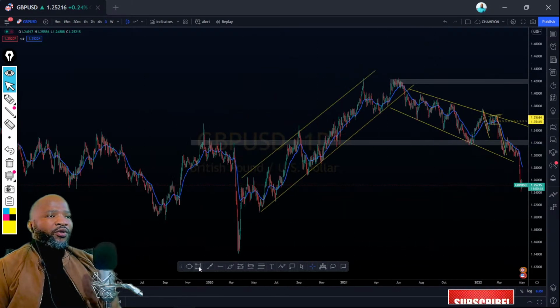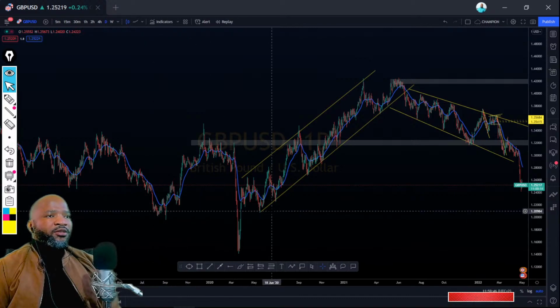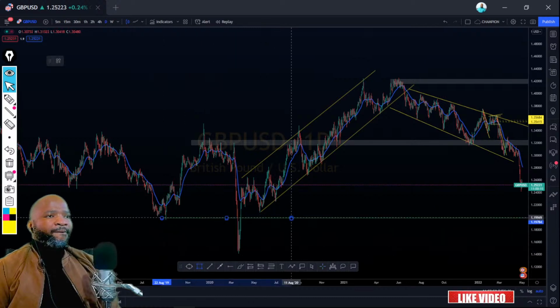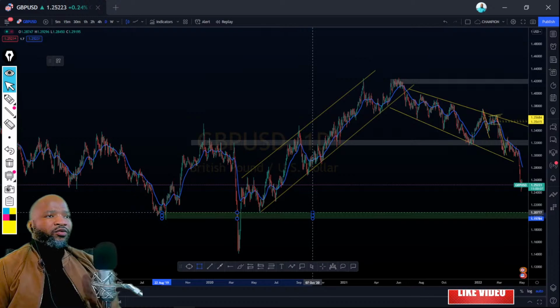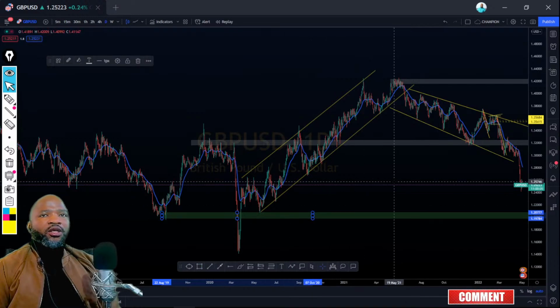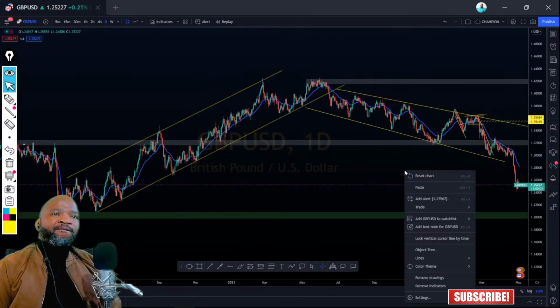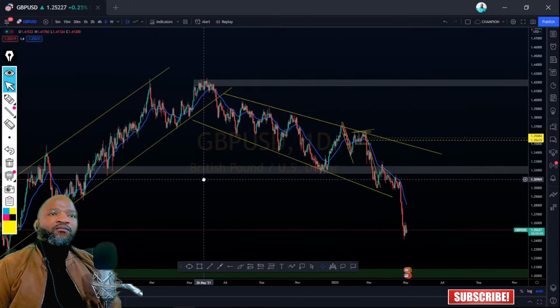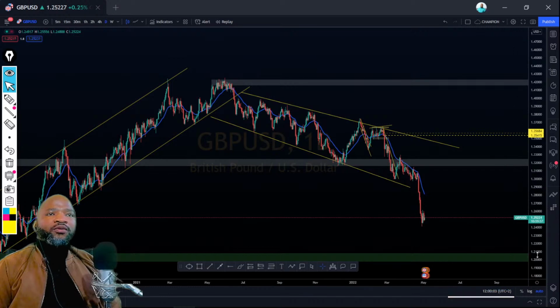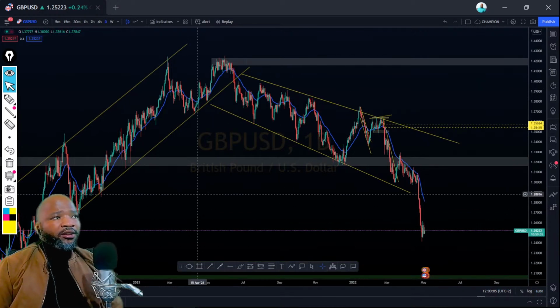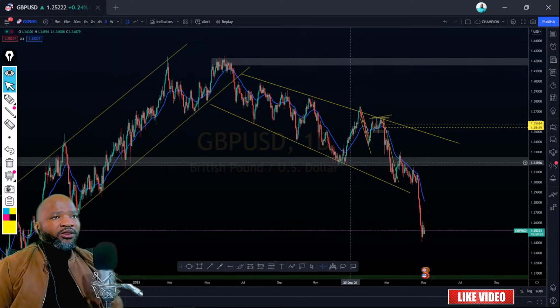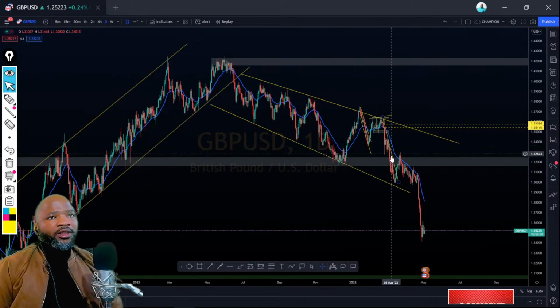One thing that we should be looking out for is the price respecting this level right here. This is our daily demand. You can see this level was respected as previous support, and now it's previous resistance.